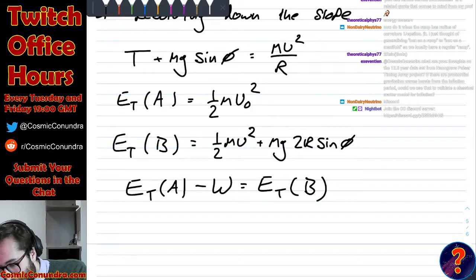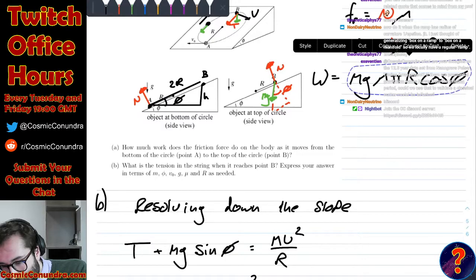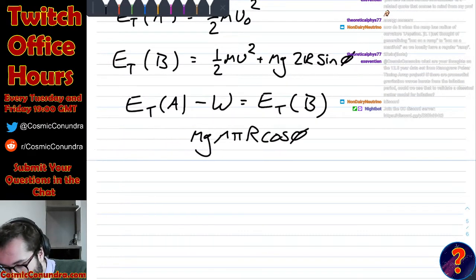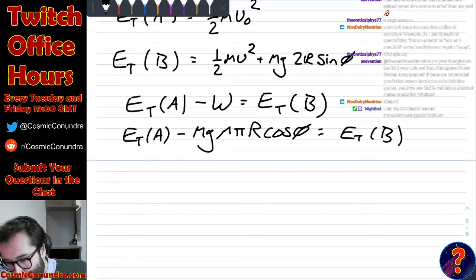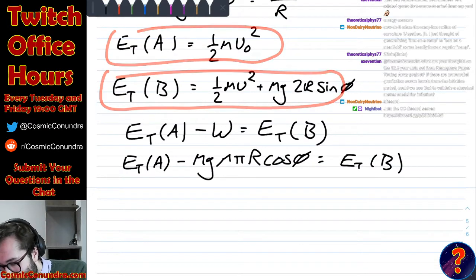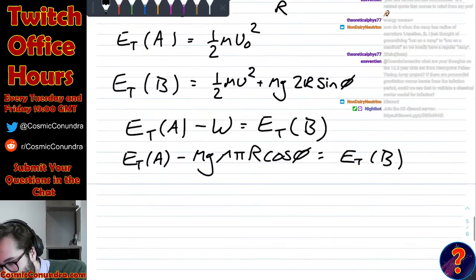And of course we have our expression for W, for the work done, which I will copy because my memory is like a goldfish, so I will forget it. So we can say E total at A minus this is equal to E total at B. And now we have expressions for E total at A and E total at B, so we can start rearranging to find v squared here, the final speed.